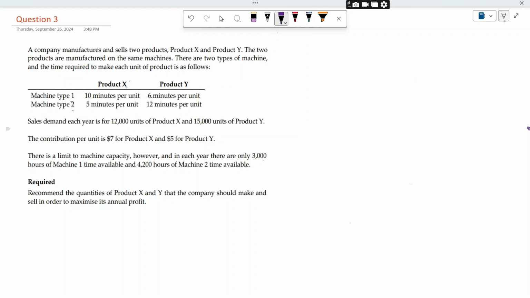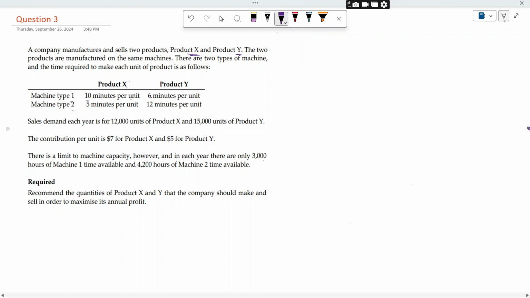A company manufactures and sells two products, product X and product Y. The two products are manufactured on the same machines. There are two types of machines. The time required to make each unit of product is as follows. So you have machine type 1, and on machine type 1, we produce X on it.